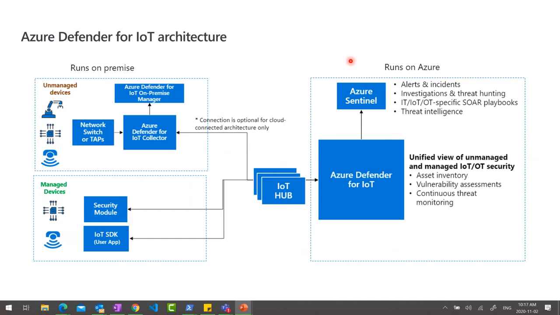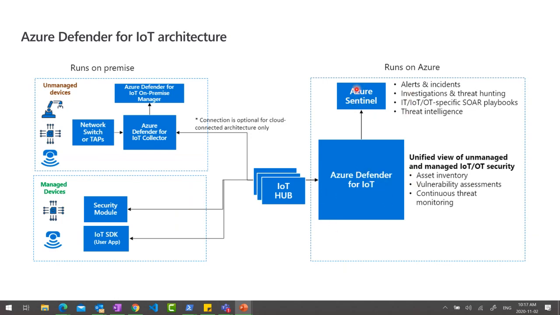Now, talking about what runs on Azure, we have Azure Defender for IoT, which is providing you a unified view for unmanaged and managed IoT and OT security. It's providing you inventory, vulnerability assessment, and continuous threat monitoring. That's the piece that stays on Azure that you can optionally connect from the unmanaged device to Azure to take the most benefit out of it.